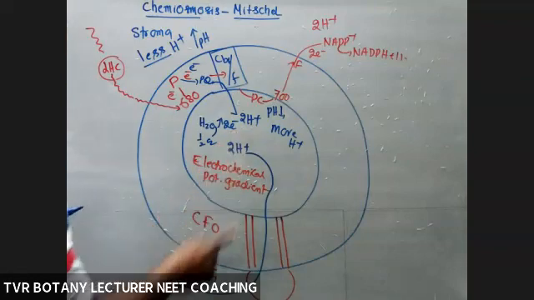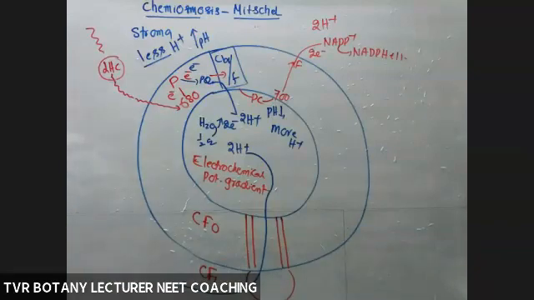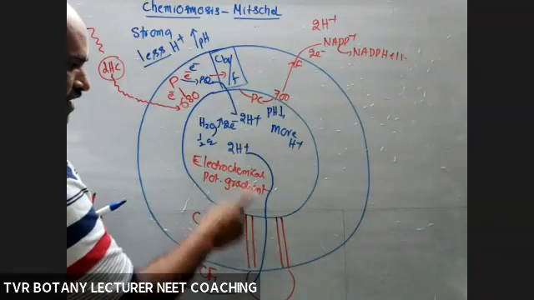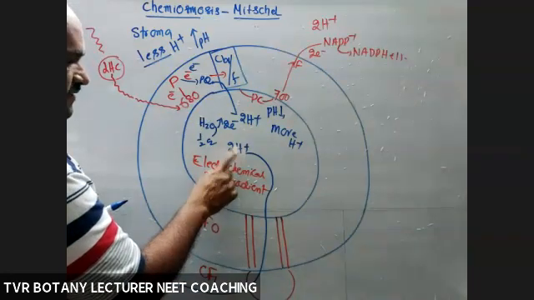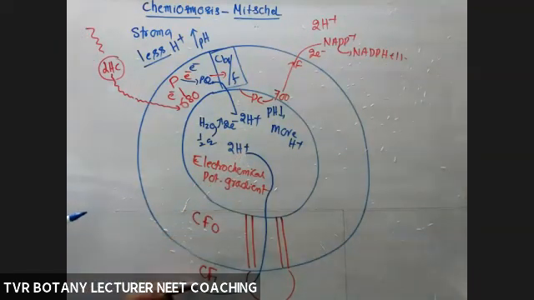So more to less is facilitated diffusion through the protein. This is a carrier protein. This carrier protein is able to transport protons from a region with more number of protons to the region with less number of protons without consuming ATP molecules. So this is facilitated diffusion, right?